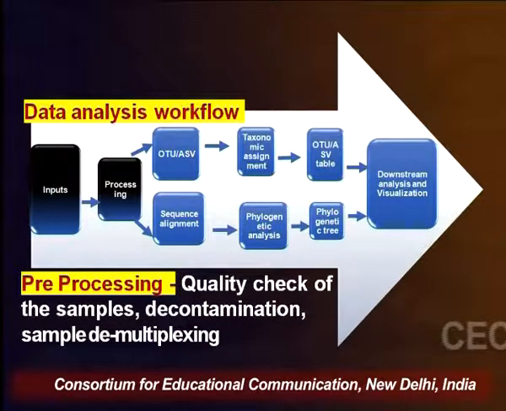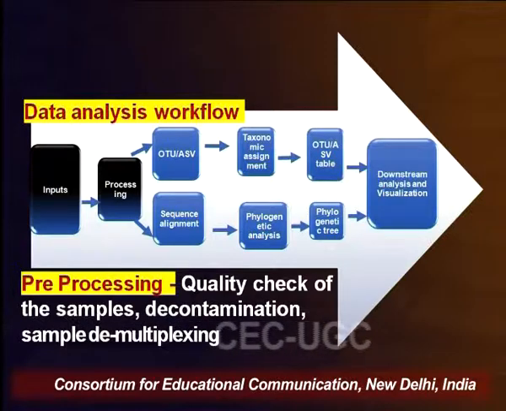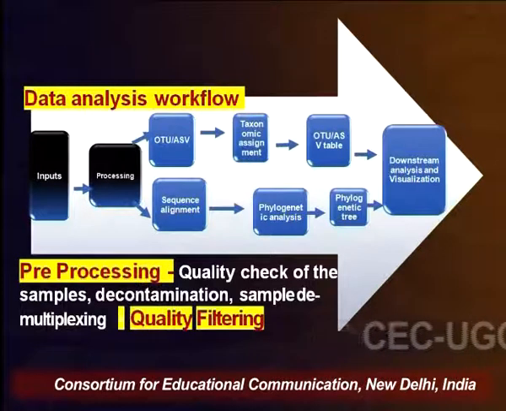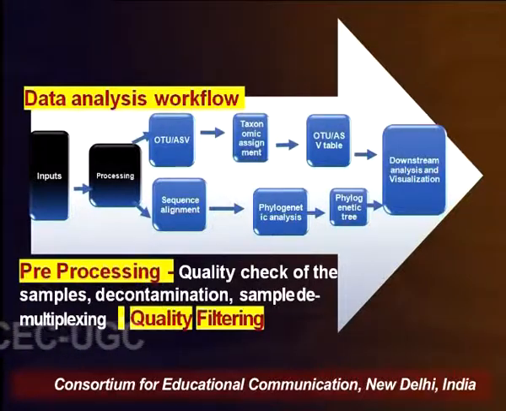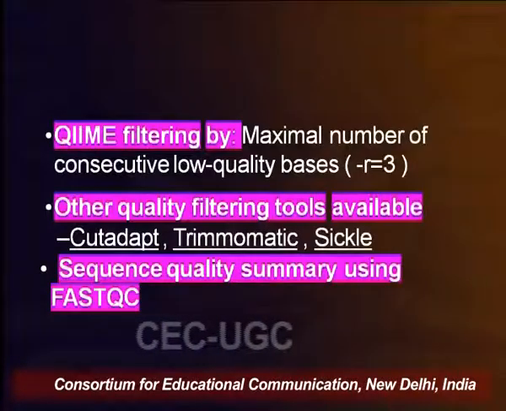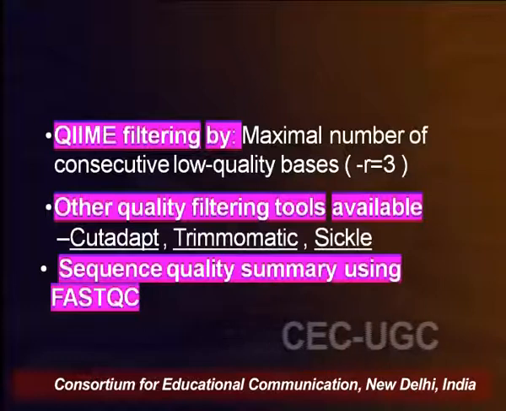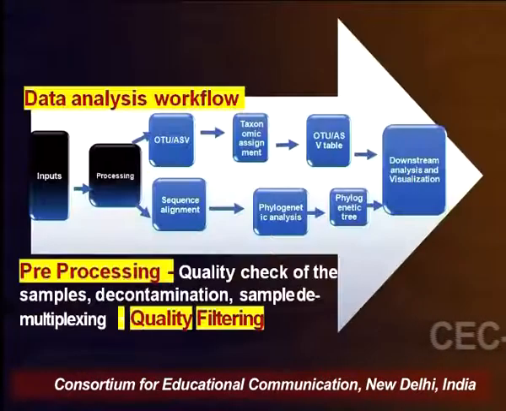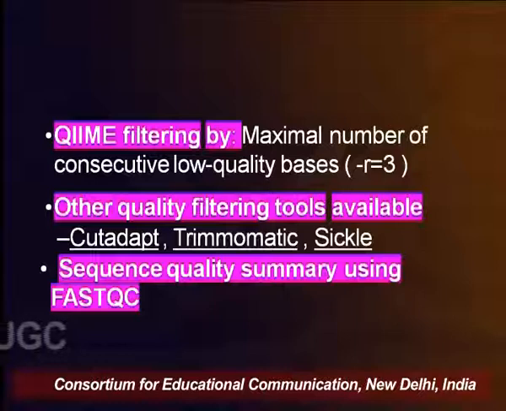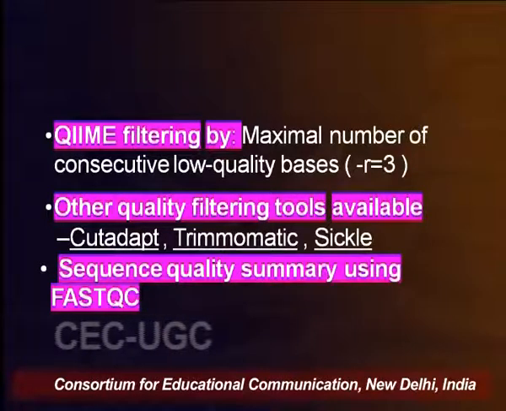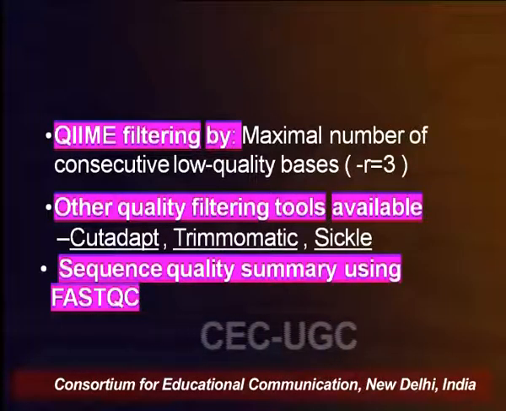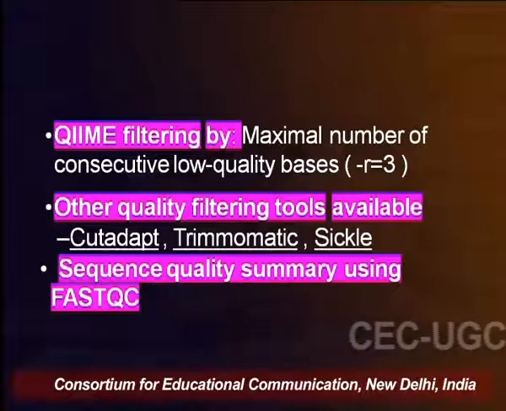We need to perform these activities to make sure that the differences which we are talking about in the sequences are actually making sense. So in pre-processing we do quality filtering, and what we do in quality filtering is we discard the sequences which are not of good quality, which are going to create a mess or confuse the analysis.